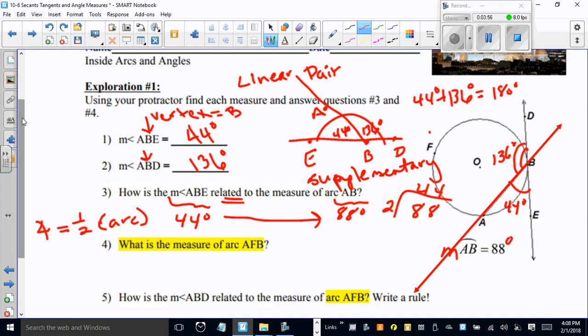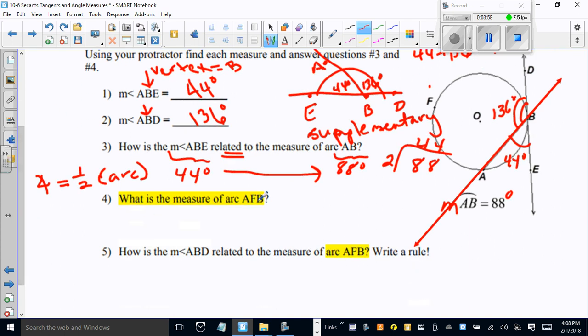All right, now on number 4, what is the measure of arc AFB? Well, AFB means I start at point A, I go around the circle, past point F, all the way around to point B. So that's a majority of it, so we know this is a major arc. And we learned about that when we first started these.